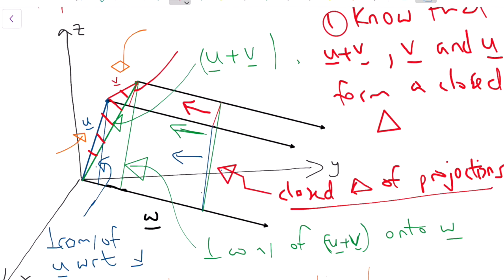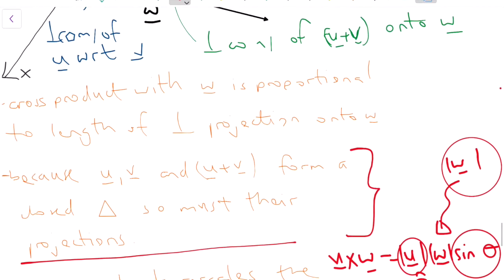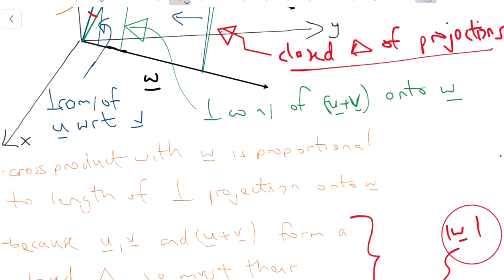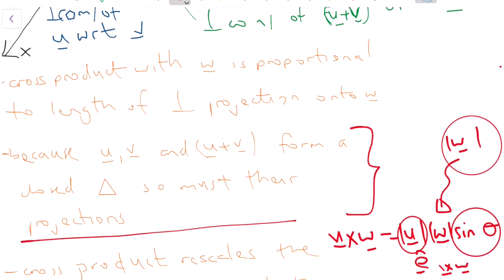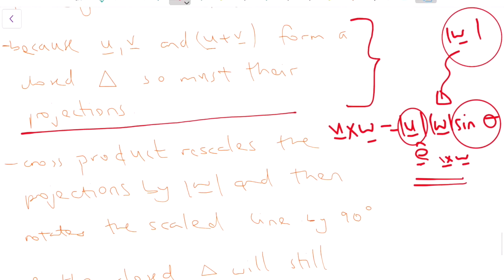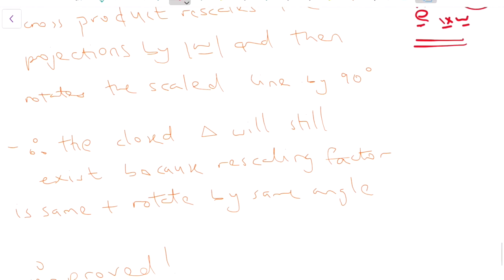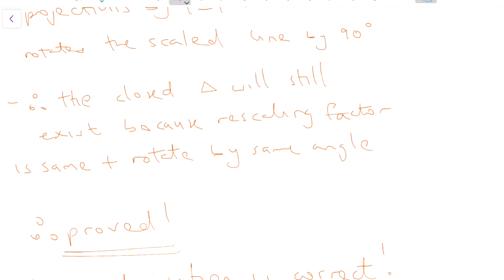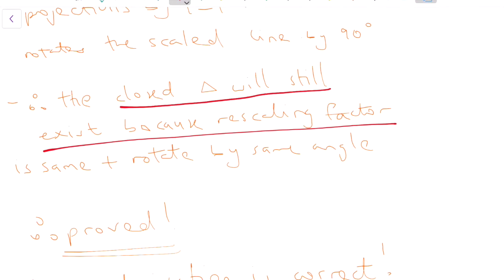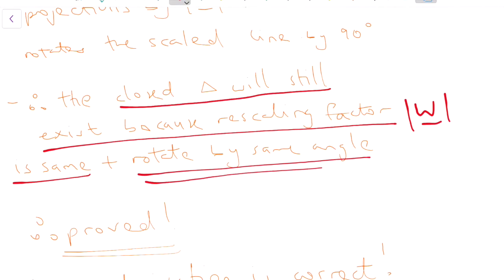So the vectors u cross w, v cross w, and u plus v cross w form a closed triangle. The closed triangle will still exist because the rescaling factor is the same, the rescaling factor is |w|, and we rotate by 90 degrees.